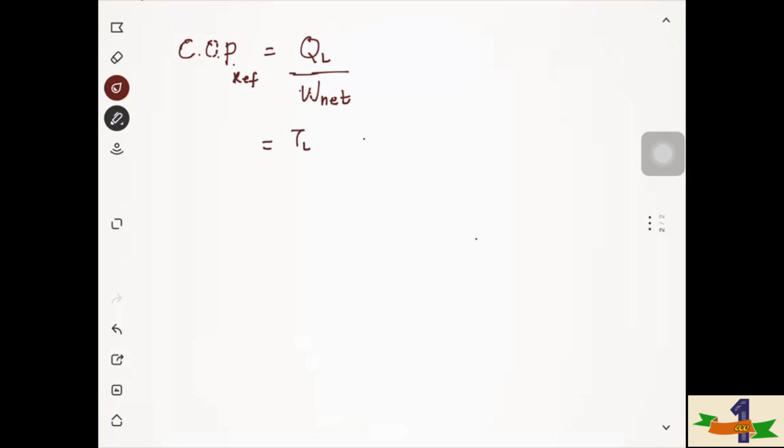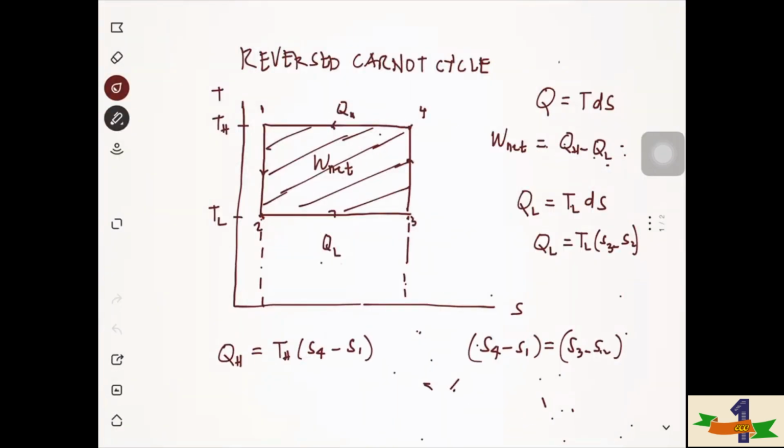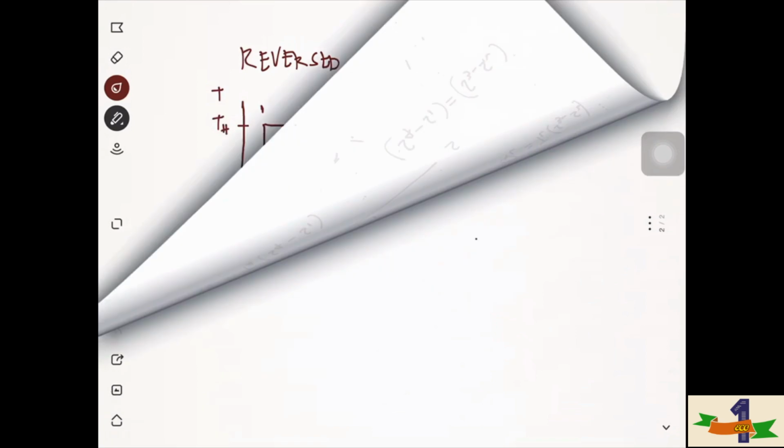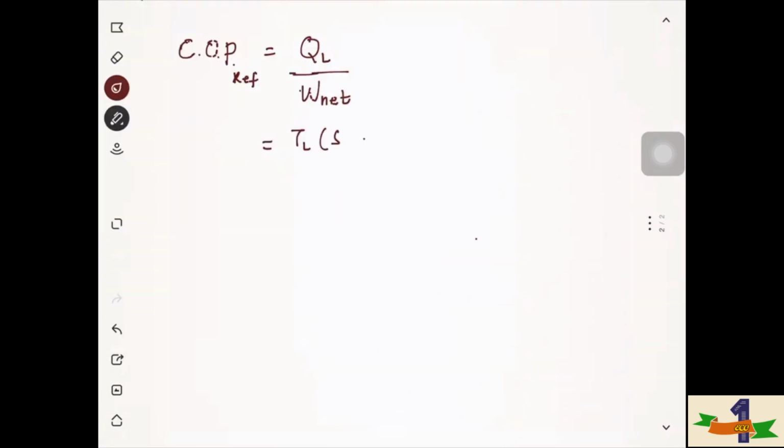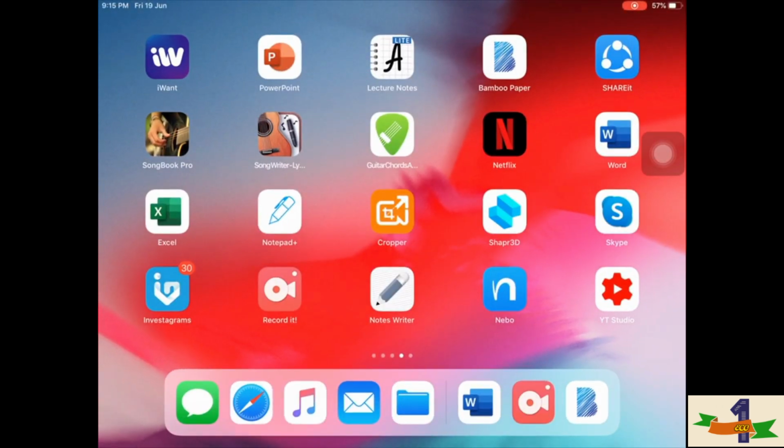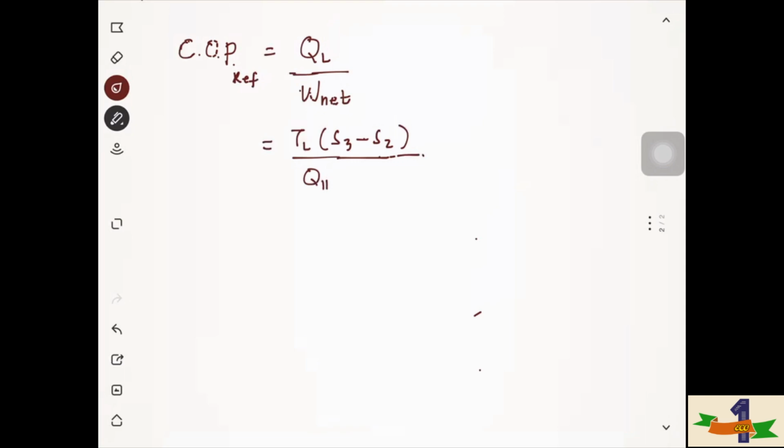So the COP of our refrigerator is TL times S3 minus S2, over Q. This is QH minus QL.